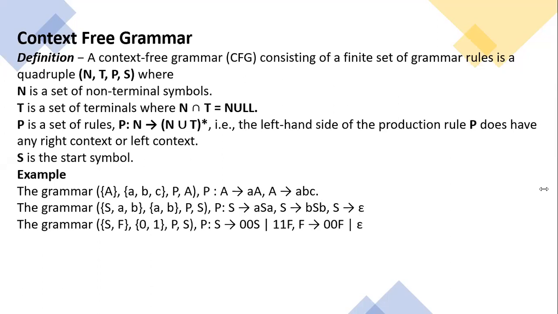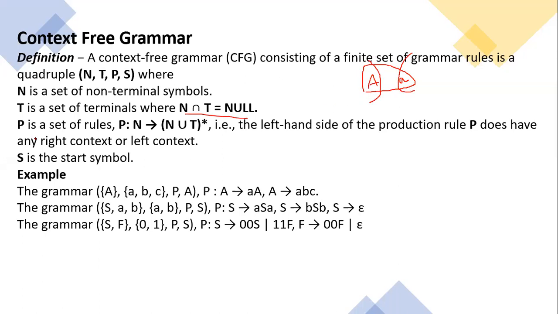Now we are going to see the definition of context-free grammar. It consists of a finite set of grammar rules. It is a quadruple, where 4 tuples are there. N is the set of non-terminals and T is the set of terminals. For example, if we have the non-terminal capital A and the terminal small a, there is no connection between them.